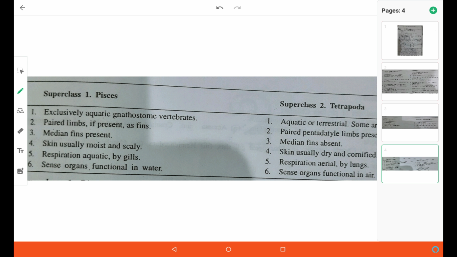The sense organs in the tetrapods function in air also, whereas in pisces the sense organs are functional in water. We had seen rheoreceptors for sensing the water current, and there are several sense organs about which we will talk in later lectures, which are useful for the terrestrial environment.